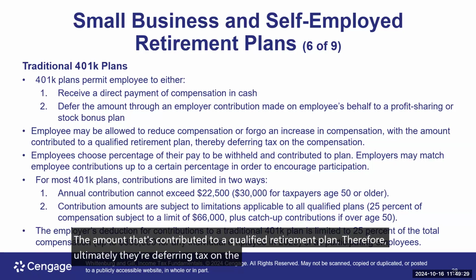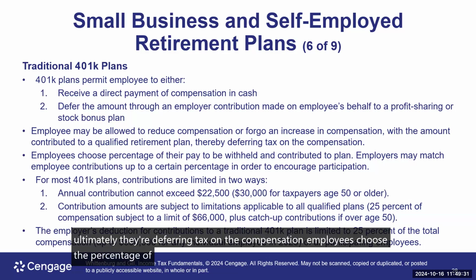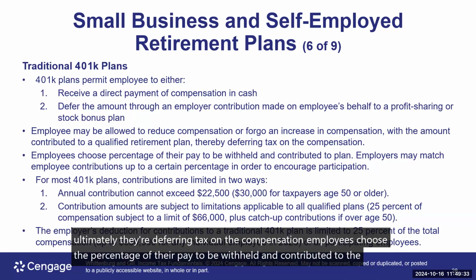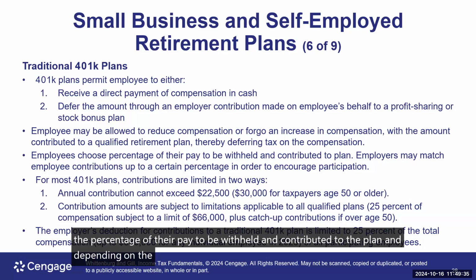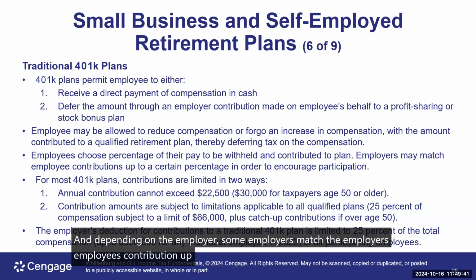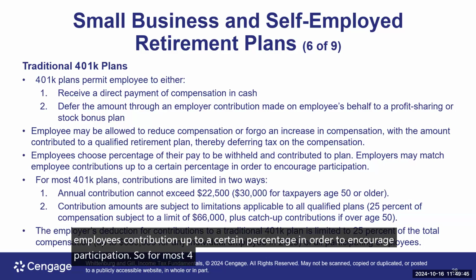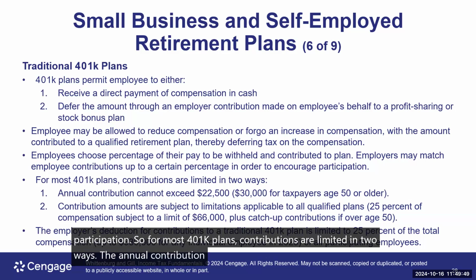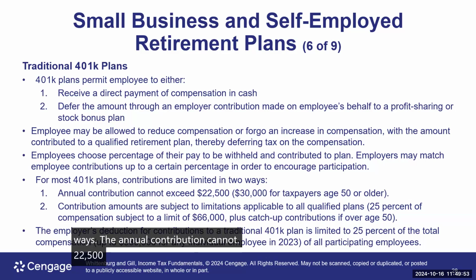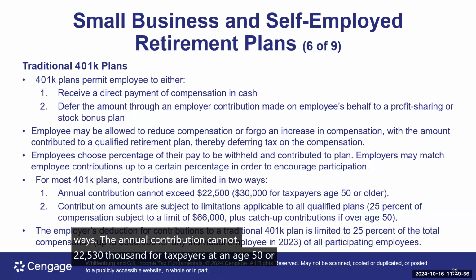Employees choose the percentage of their pay to be withheld and contributed to the plan. And depending on the employer, some employers match the employee's contribution up to a certain percentage in order to encourage participation. For most 401(k) plans, contributions are limited in two ways. The annual contribution cannot exceed $22,500, or $30,000 for taxpayers that are age 50 or older.